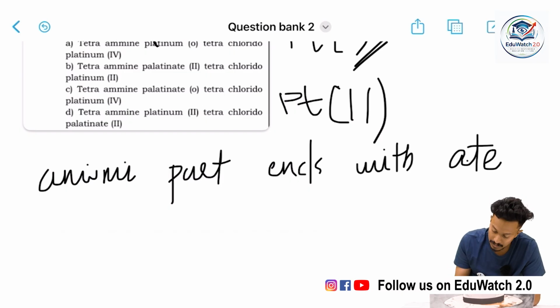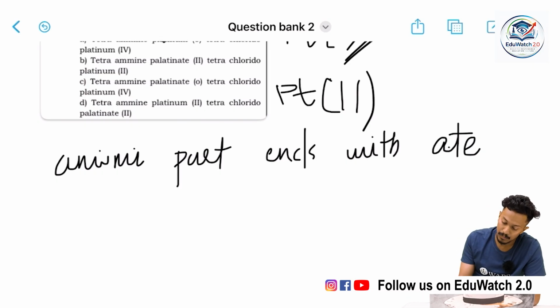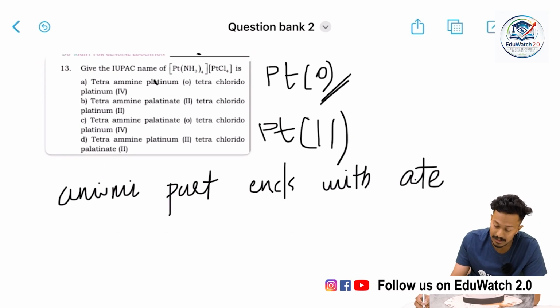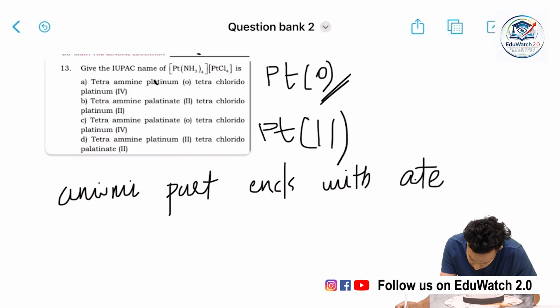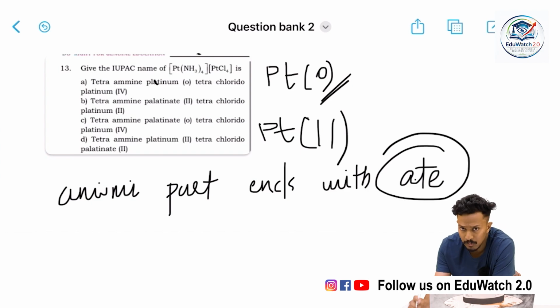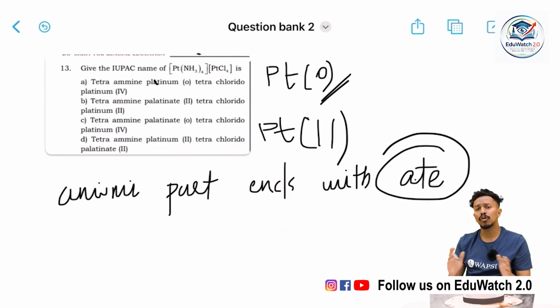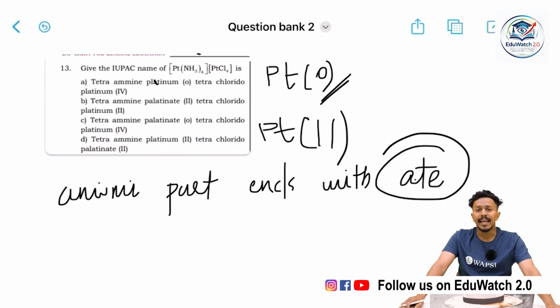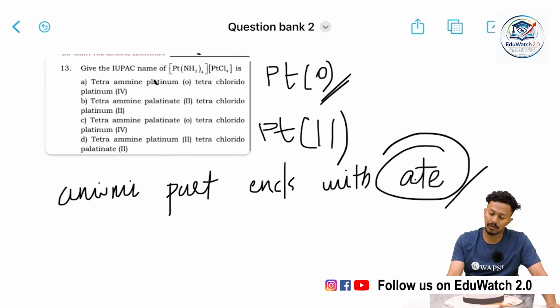So we could write that there are 4 amines: tetraammine platinum(II), tetrachloroplatinate(II). The most important thing is that the anionic part of any coordination compound ends with the ate. That's the important thing here.